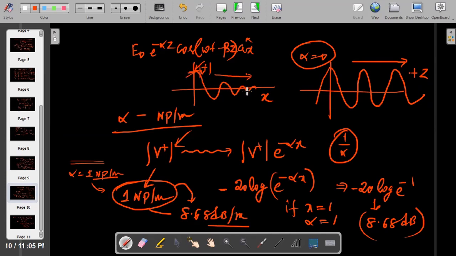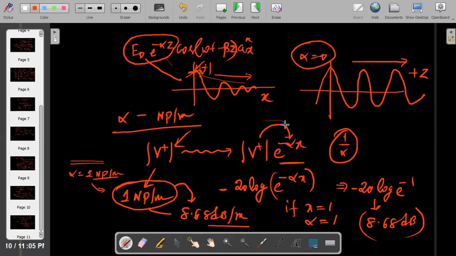Now, due to attenuation, it will change, right? Exponentially it will decay. So we have multiplied this with e to the power minus alpha x. That e to the power minus alpha x is just representing attenuation. Please recall this same thing: E naught is nothing but your V plus, and e to the power minus alpha z is nothing but this.